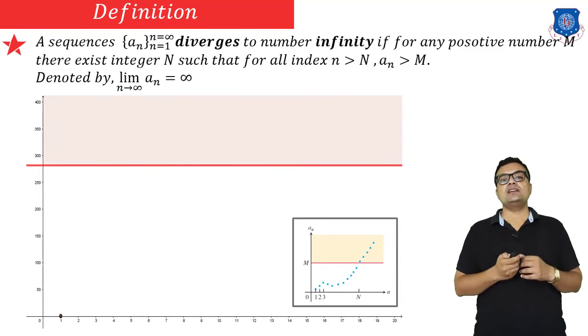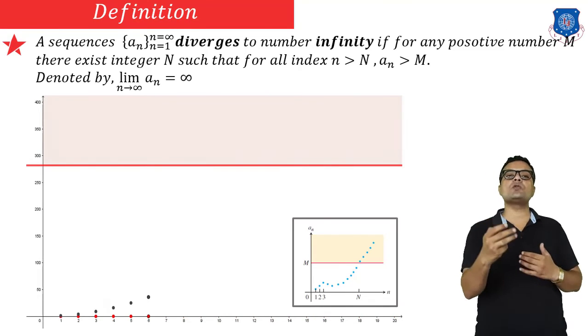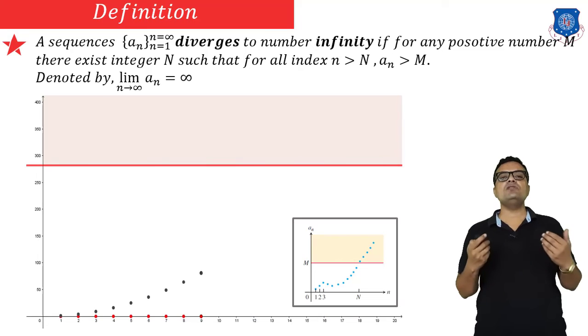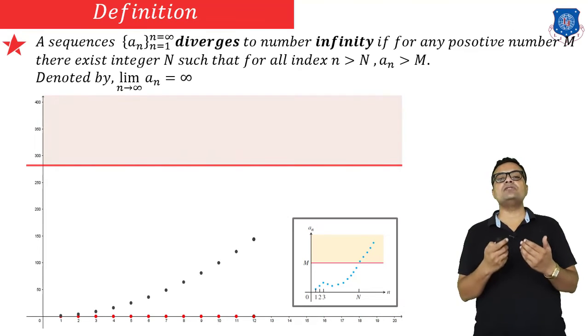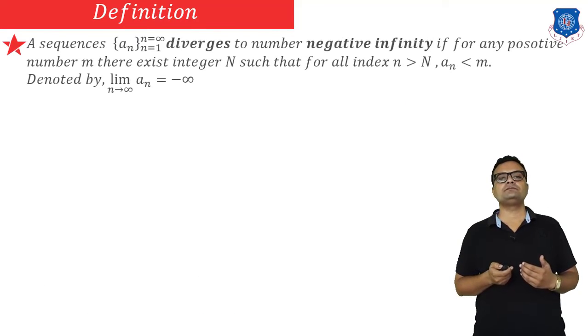So it means it is divergence, and this divergence is towards positive infinity. Whenever we use the word divergence, it is very important to understand whether it is moving towards positive infinity or towards negative infinity. Now let us come to the second part.